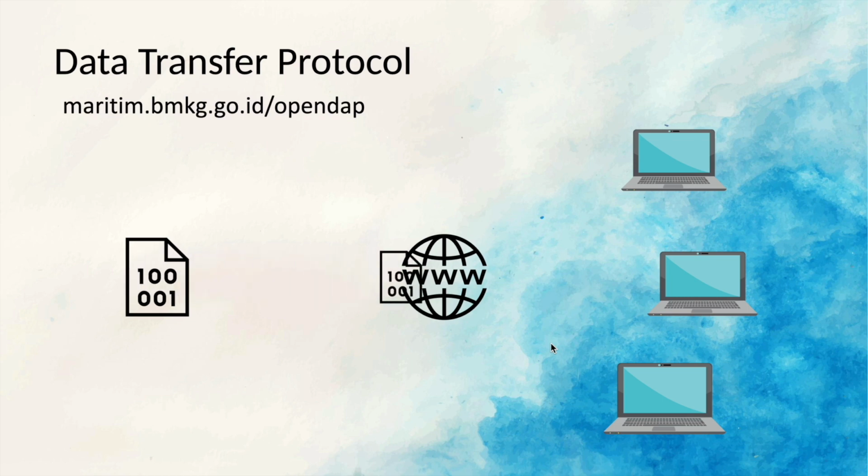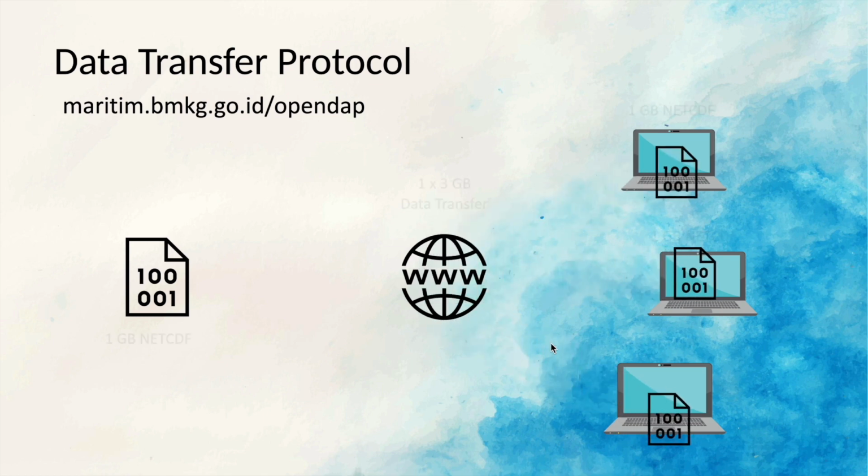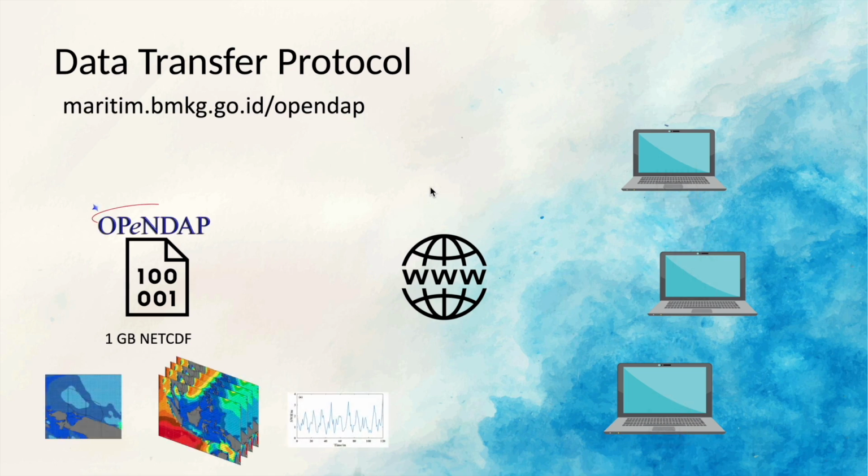It means if the size of the data is 1 GB, we need to transfer 3 GB of data. It will take a very long time and waste network bandwidth if the client only wants a specific area or parameter. So there comes a software, OpenDAP, as a solution for the problem.